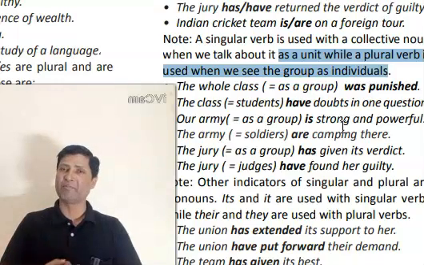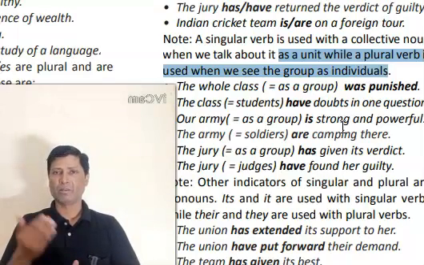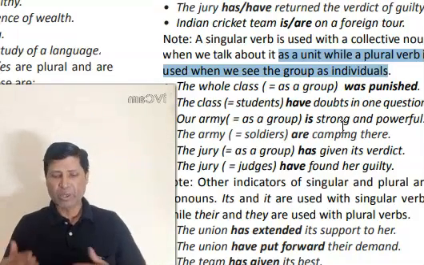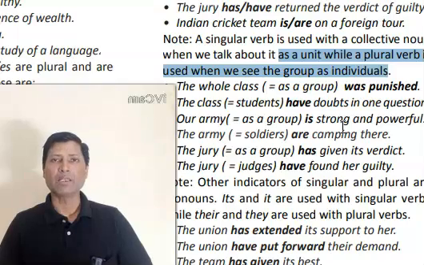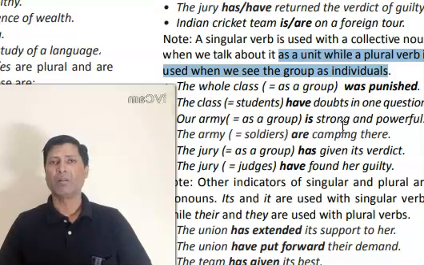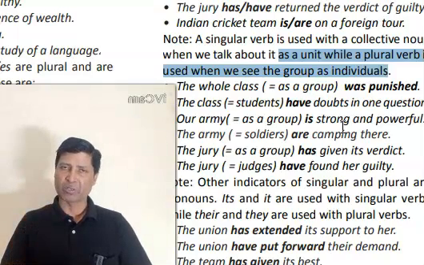Let us use one or two more examples. If I say, the class wants to go out, or the class wants a games period, here we are talking about the class as a unit.